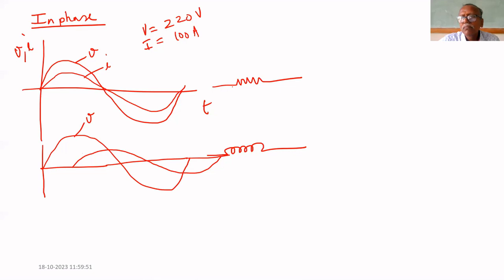Because of that, the current has a delay of 90 degree, pi by 2, with respect to the voltage. The current will increase after the delay, but there is no power. It's called phase shift.